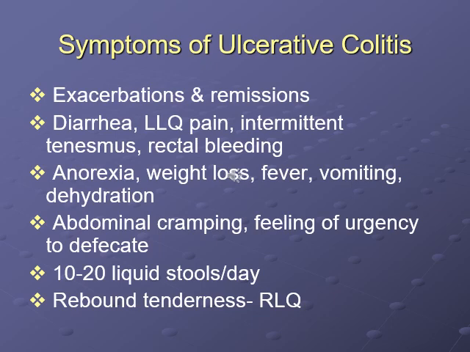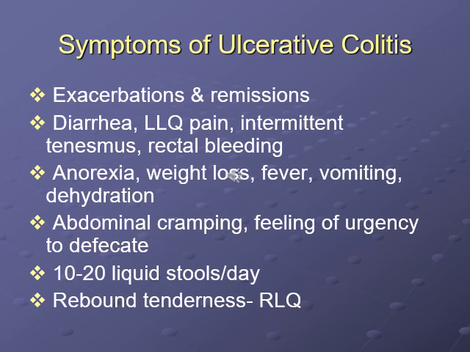The pain location, of course, is different again. Remember, left lower quadrant because it's more commonly located in the sigmoid colon, which is where the left lower quadrant is. Crohn's disease was right lower quadrant because we were mostly looking at Crohn's being active in the ileum, which is the right lower quadrant.